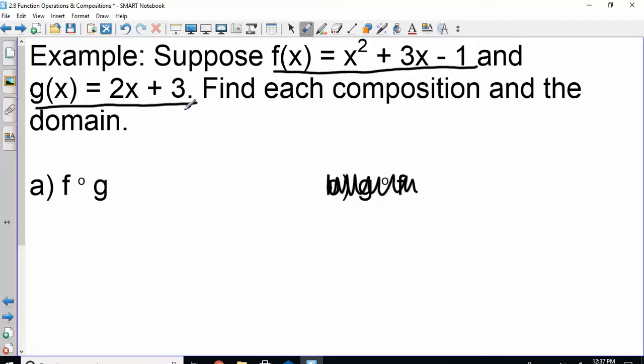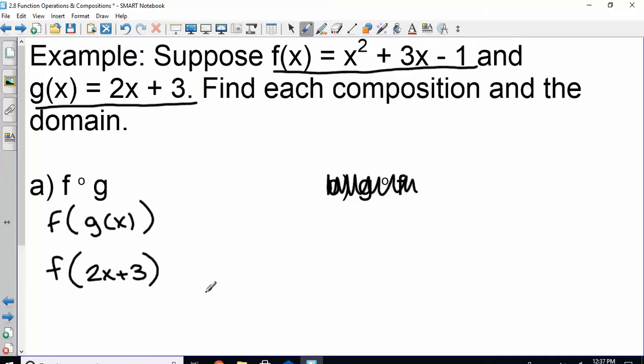Here, when I ask for f composed with g, we're finding f of g of x. g of x, the inside, is 2x plus 3. When I ask for f of that, you have to go to function f and replace all of your x's with a 2x plus 3.